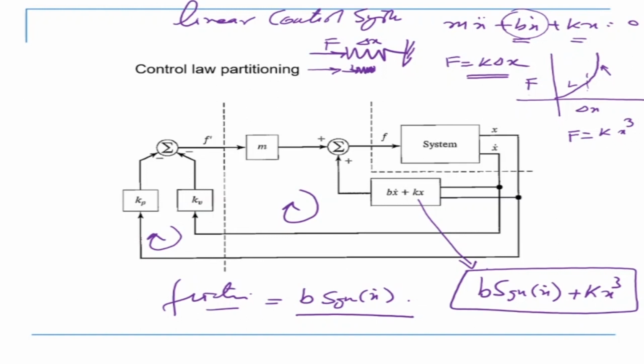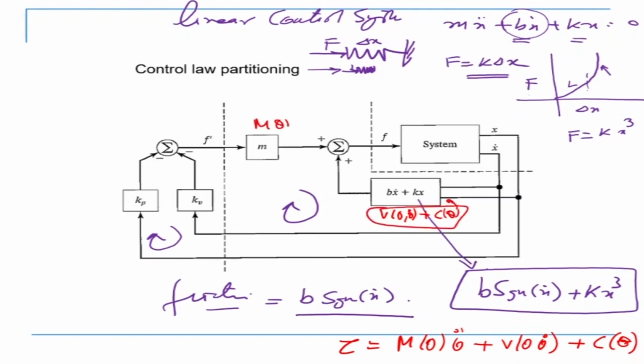Now the other example before I proceed: in the case of a real robot, how is the dynamic equation written? Tau is equal to m into theta double dot plus v into theta dot plus c theta. So when I know the system dynamic equation, I can put v into theta dot plus c into theta in this block, and my mass m theta can go there.